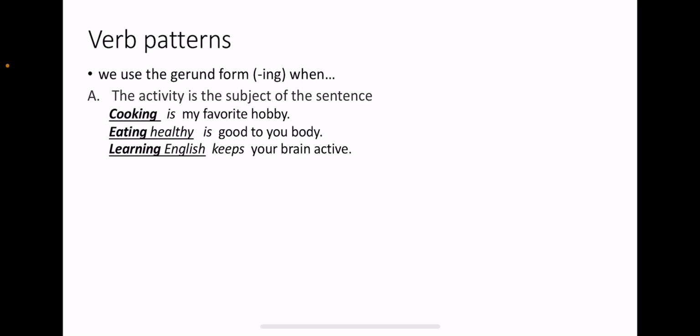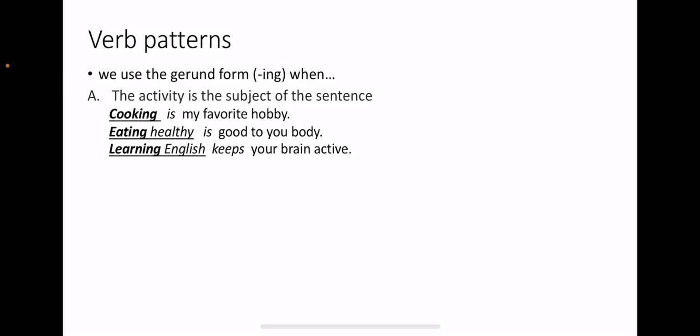In this case, when the activity of a sentence is the subject, I need to use the gerund. So I need to use the verb or the activity and then put ing. So in this case, cooking is my favorite hobby. Sometimes we say to cook is my favorite hobby or cook is my favorite hobby. That's not correct. We need to put ing to have a correct sentence. So cooking is my favorite hobby.